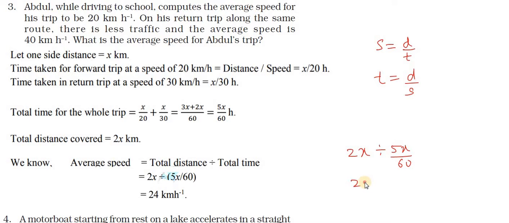When division changes to cross multiply in fractions, 5 ones are 5, 5 12s are 60, and x and x get cancelled. So 12 into 2 is 24 kilometer per hour.